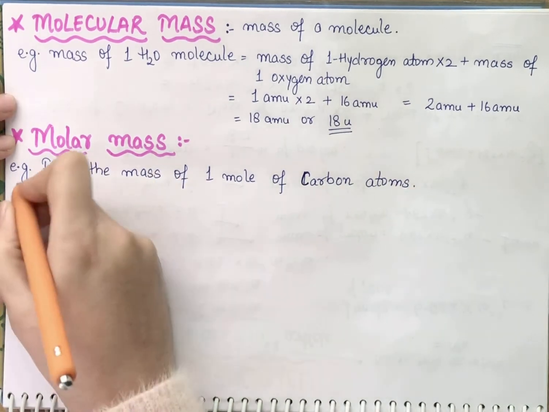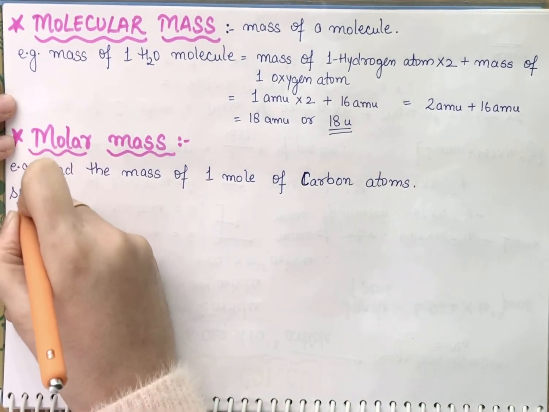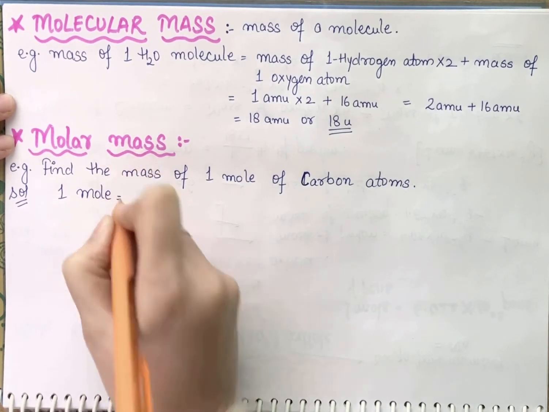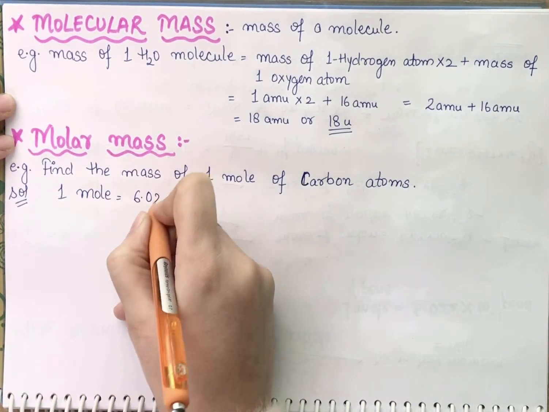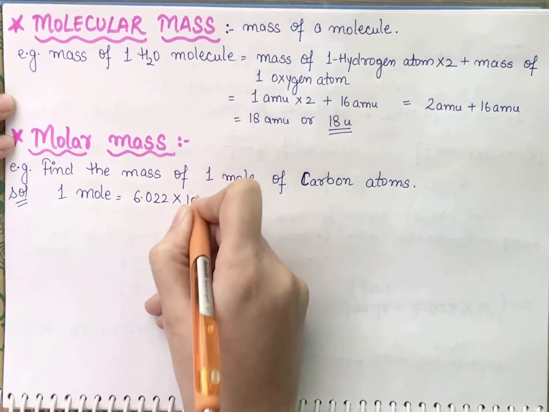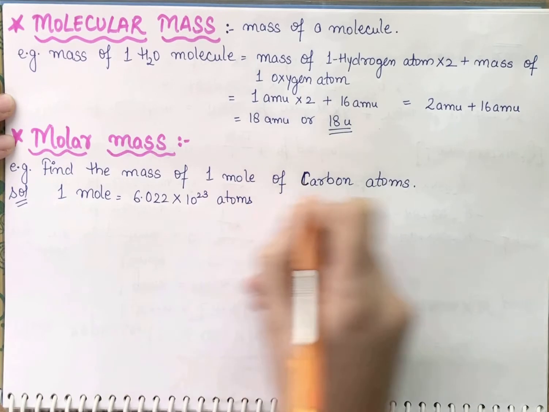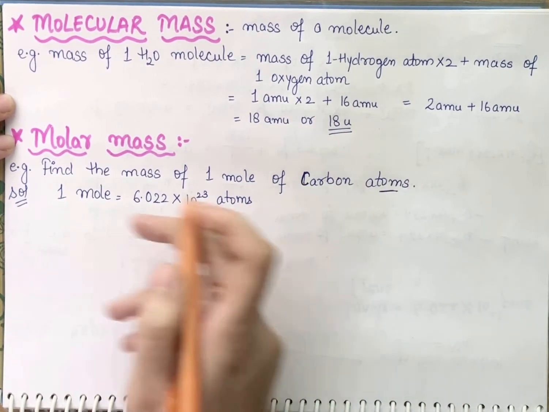Okay, so I know that 1 mole equal to 6.022 into 10 raised to power 23 atoms. I'm talking about atoms here, so I'll write atoms, right?